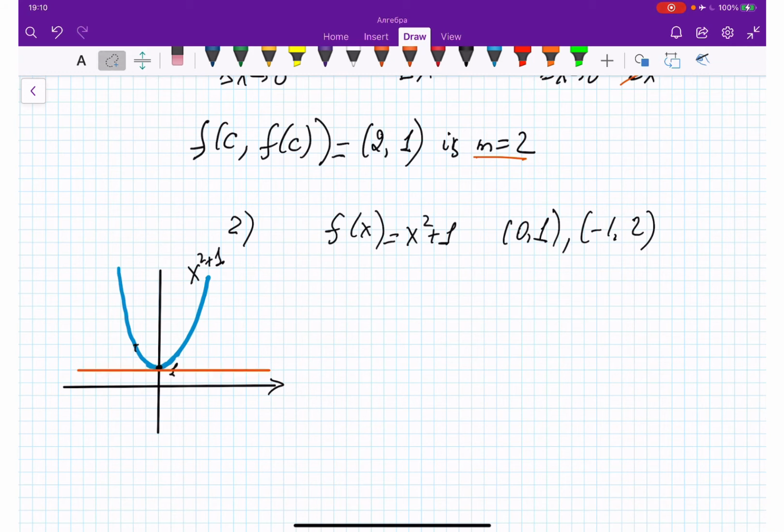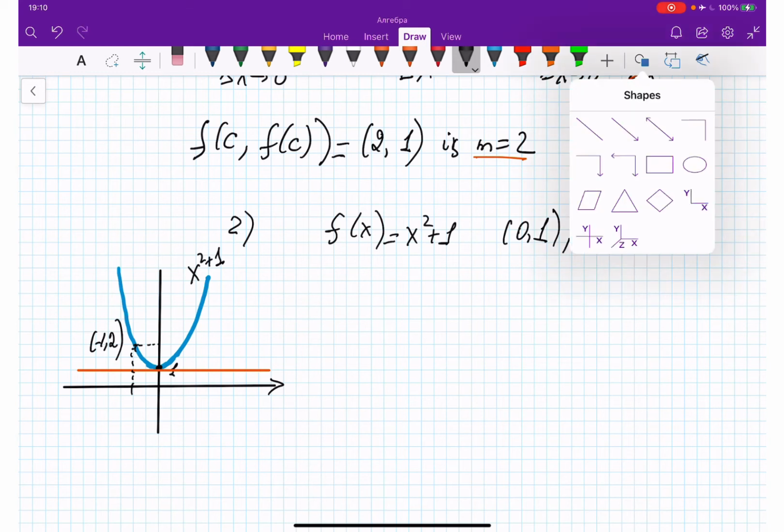So this is negative 1. Let me take this as negative 1. And this is going to be negative 2. If I don't keep proportion, then forgive me. Use your imagination, please. Okay, negative 1 and 2.